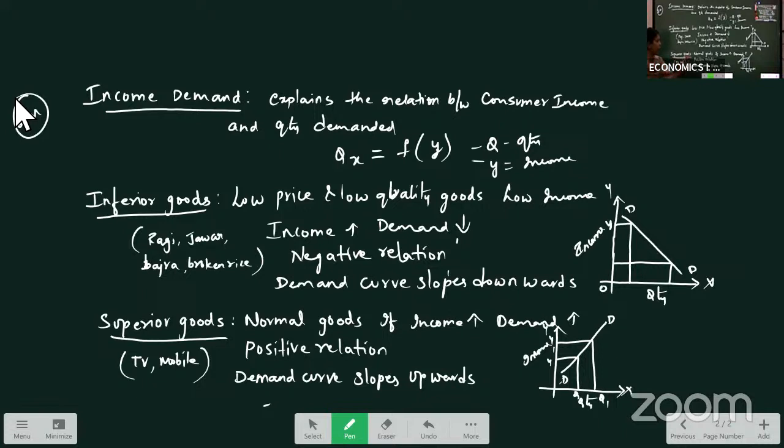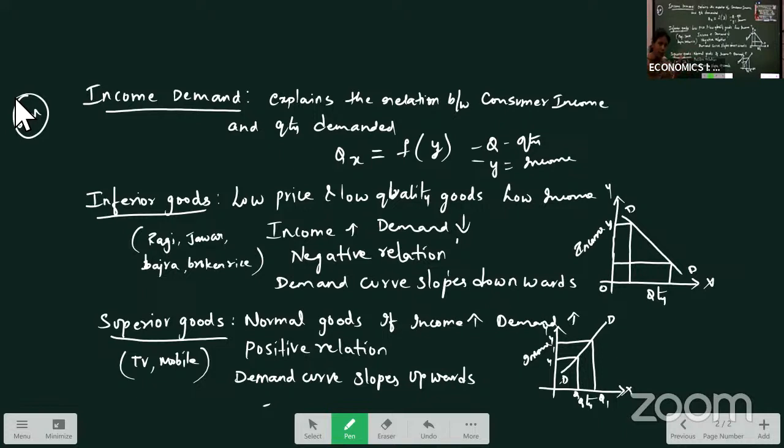Superior goods are also called normal goods. In this case, if consumers' income increases, demand for superior goods also increases. So there is a positive relation between consumers' income and demand for superior goods. When there is a positive relation, the demand curve slopes upwards. Here, you may get a doubt.